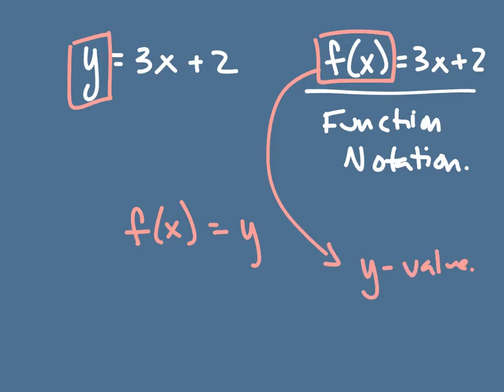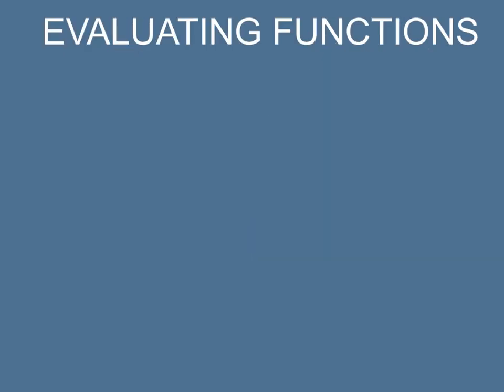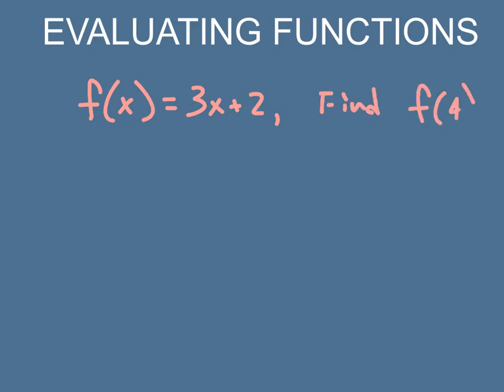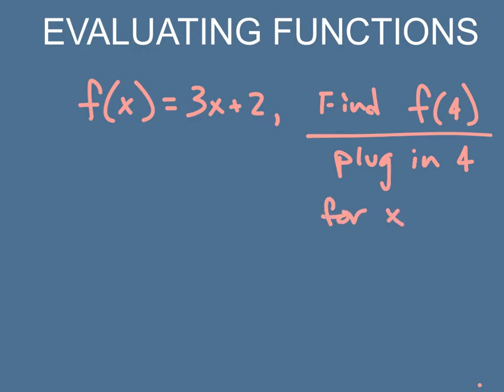Now let's talk about evaluating functions. Let's say we use that same function, f of x is equal to 3x plus 2. Oftentimes what you're going to be asked to do in a situation like this is to find f of, say, 4. What this means is that you plug in 4 for x and determine y.